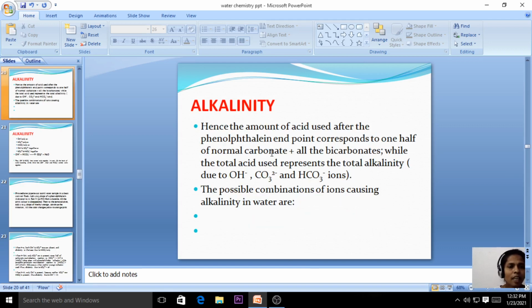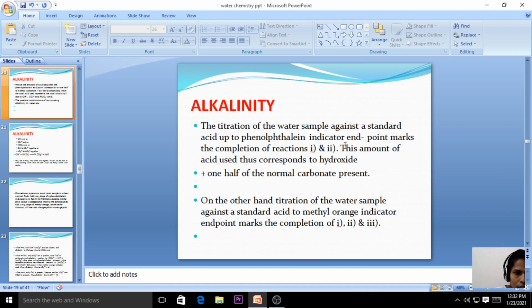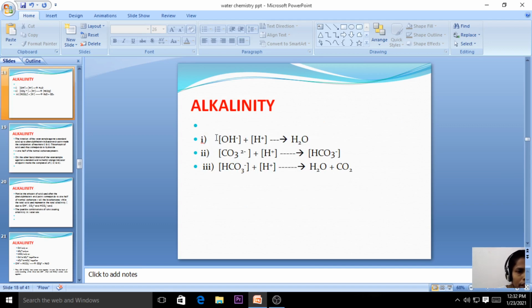Hence the amount of acid used after the phenolphthalein endpoint corresponds to 1/2 of normal carbonate plus all the bicarbonate. So I said by using phenolphthalein, OH minus is complete and half of the carbonate. That means the remaining half carbonate is still present in the water sample. But by using methyl orange, this half carbonate reaction takes place and the complete bicarbonate reaction also takes place.